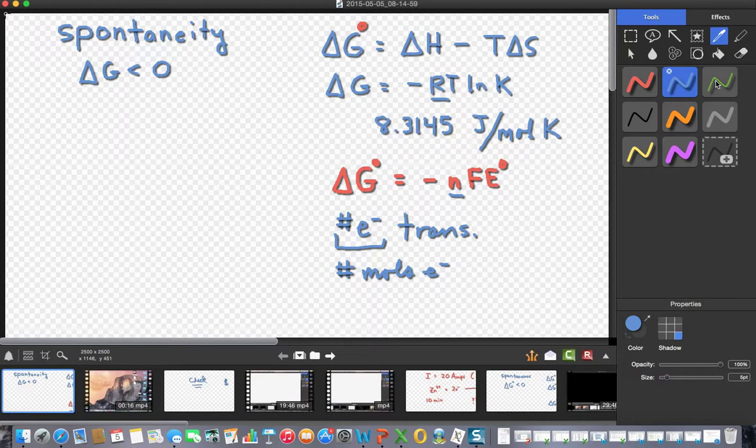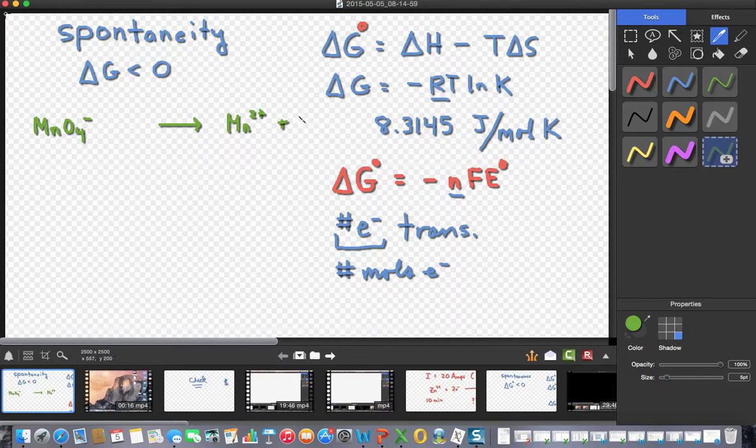Let's consider a process in which I have two half reactions. One is MnO4 minus going to Mn2 plus. Now, in order to balance this equation, I've got to balance the number and types of atoms.